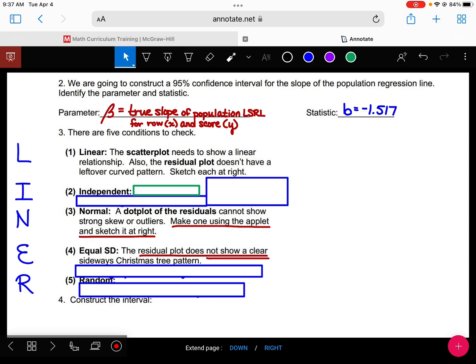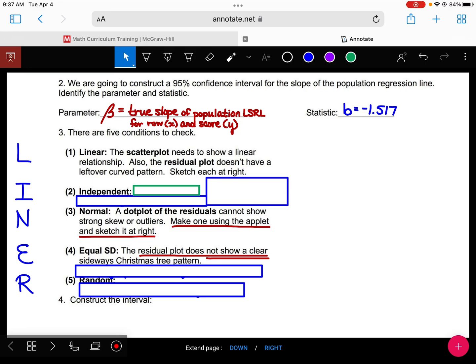Hopping back over here. Conditions that we need to check. There are 5 conditions when we do confidence intervals for slope. Normally we're used to checking how many conditions? Just 3. What are the 3 conditions that we normally have to check? Random, independence or 10% condition, right?